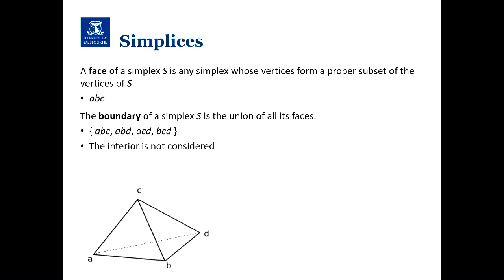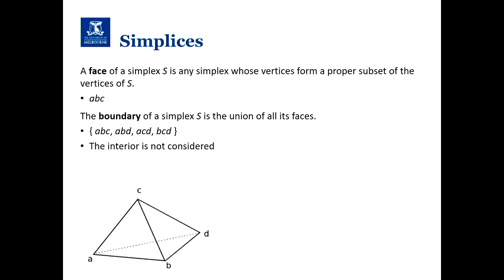Think of this as a theoretical description of geometric shapes. So when we talk about a face of a simplex, it's any simplex where all of the vertices form a proper subset.